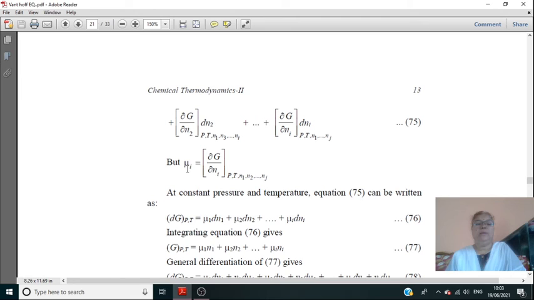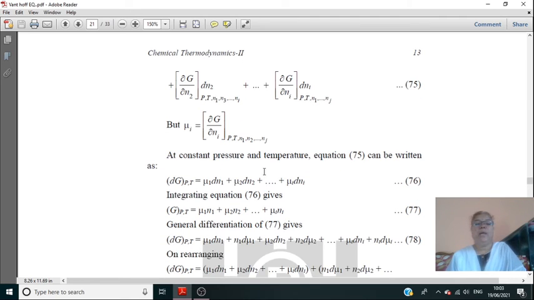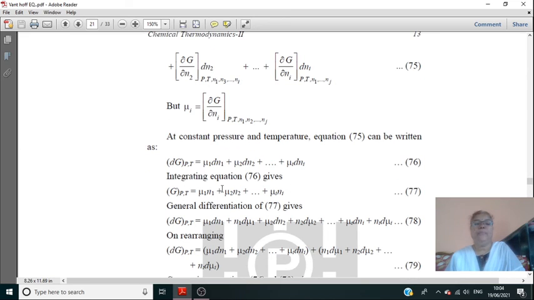But μi equals ∂G/∂Ni at constant pressure, temperature and N1, N2 up to Nj. At constant pressure and temperature, this equation reduces, as the first two right-hand terms become 0, and we can write the change in free energy at constant pressure and temperature as dG equals μ1 dN1 plus μ2 dN2 plus and so on plus μi dNi.